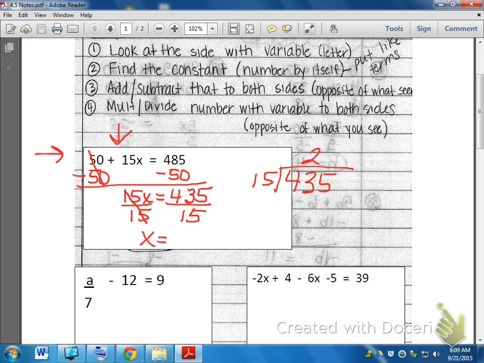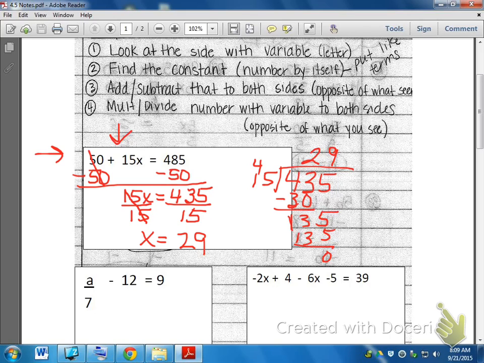I would go with 2. And then 15 into 135, I'm thinking that is 9. Yeah, okay. So x equals 29. Questions about that?